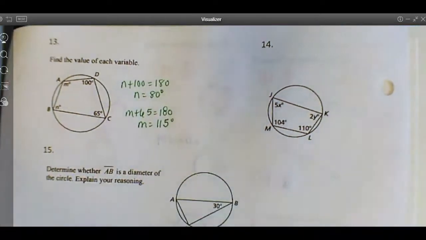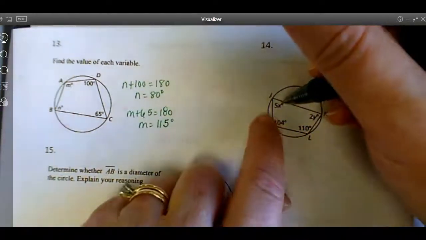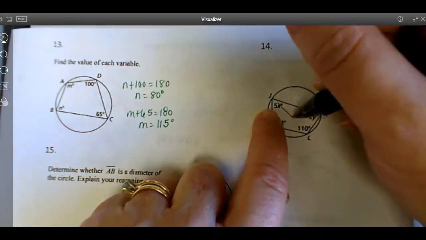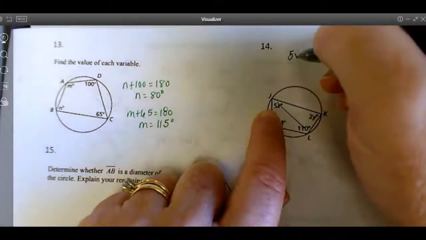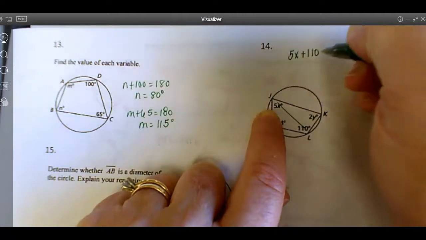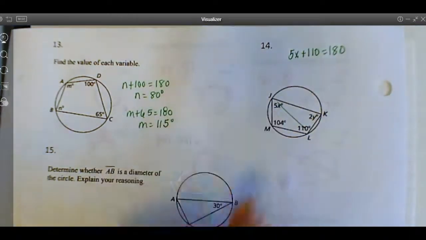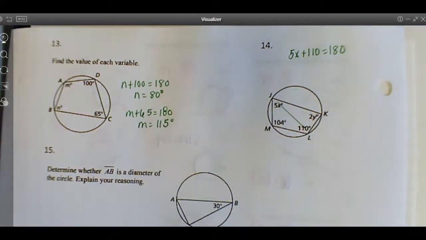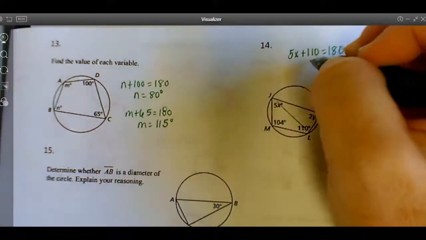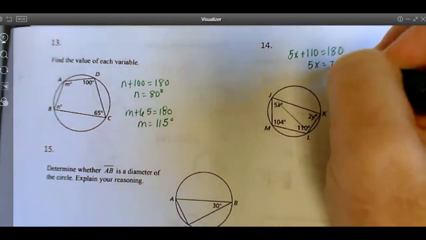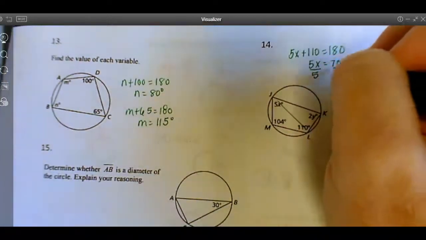So in 14, a similar thing is going to happen. We're going to say that these two across from each other have to be 180. So 5x plus 110 equals 180. And then we're just going to solve that equation. We're going to take 180, we're going to subtract 110. And then we're going to divide by 5.